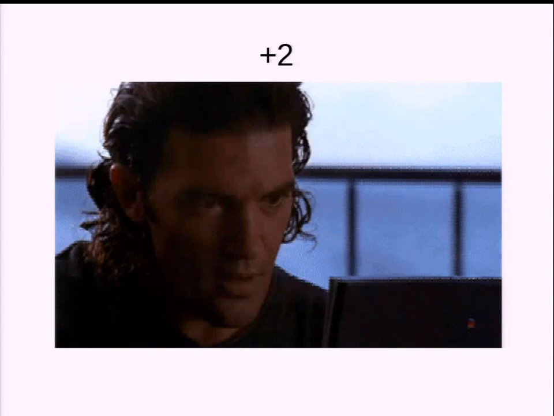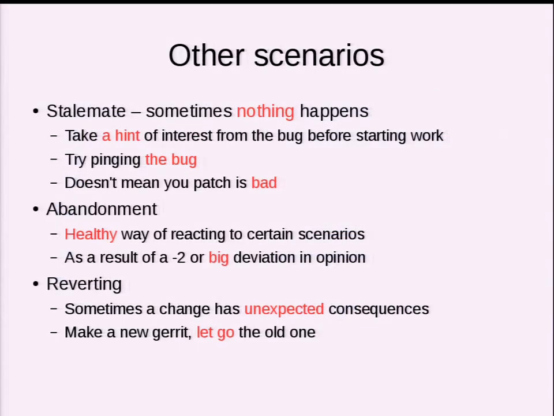It almost never happens. So in closing, there are some other final scenarios that you can find your Gerrit review in, and hints of what you can do about them. There's the stalemate, which means it's just staying there.